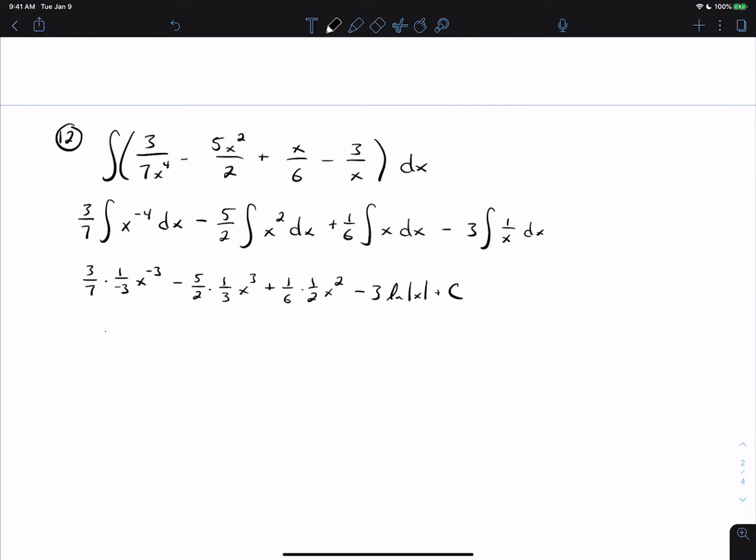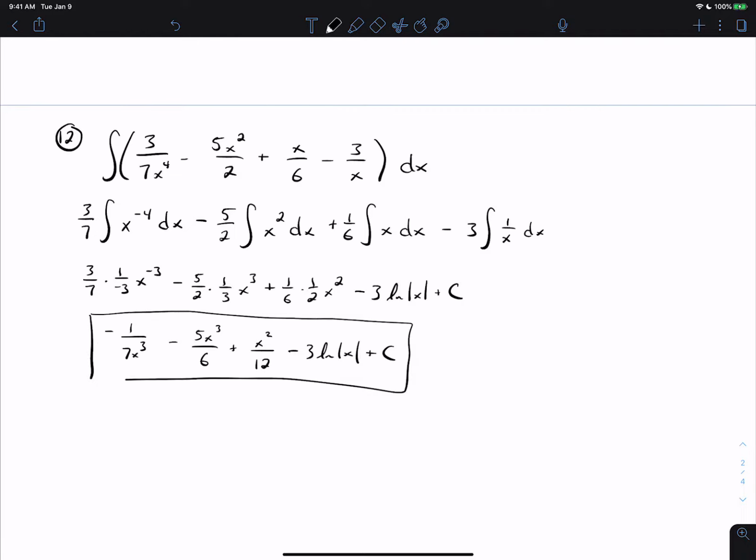If you simplify these, you get negative 1 over 7x to the third. That, by canceling the 3's, you get then negative 5x to the third over 6 plus x squared over 12, or you could write it as 1/12 x squared like I have on some of the others, minus 3 natural log absolute value of x plus c. And that's the answer on this problem.